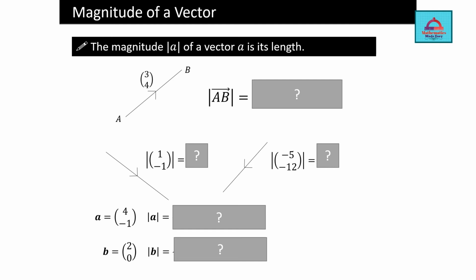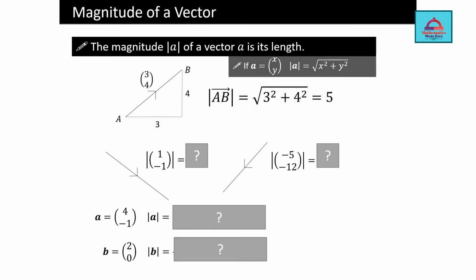Then the formula to calculate its magnitude, writing the vector AB with the arrow inside these bars, is the square root of the distance. You remember the Pythagoras theorem you had done for a right triangle. Here also you see a right triangle. Horizontal component is 3, vertical component is 4. So 3 squared plus 4 squared is 25, and its square root is 5.